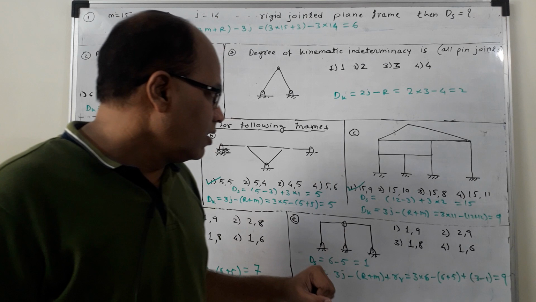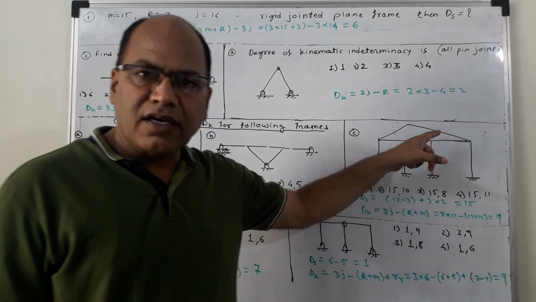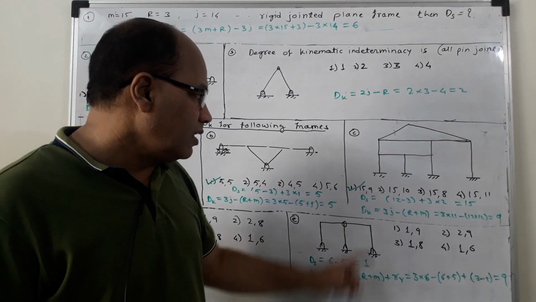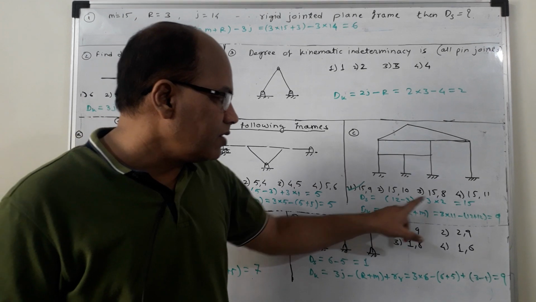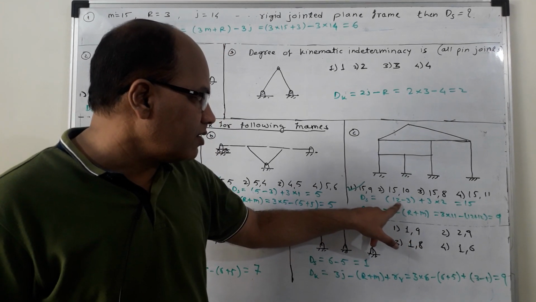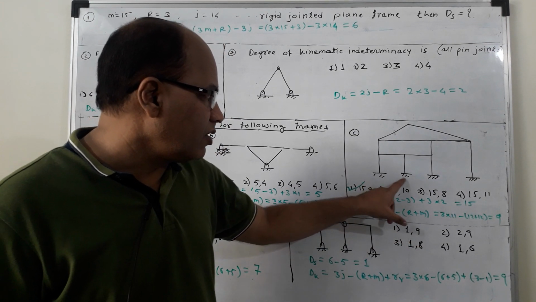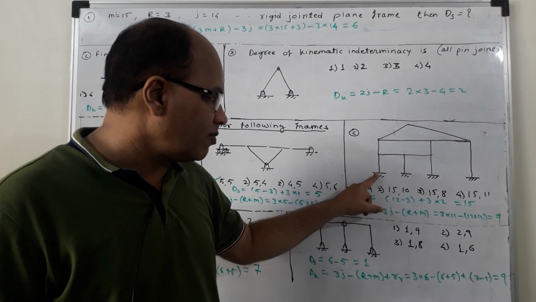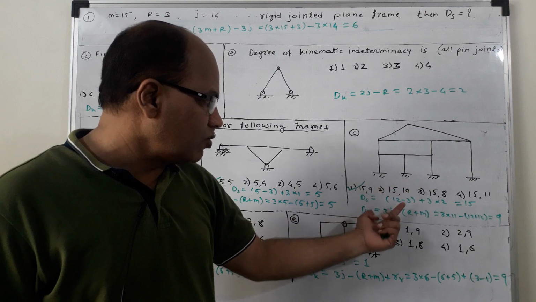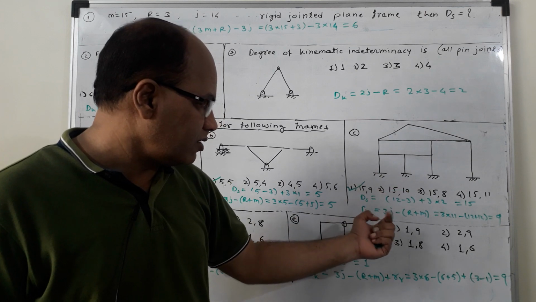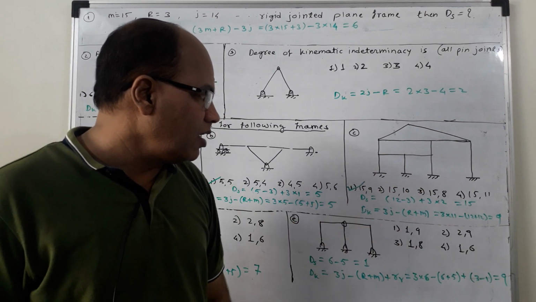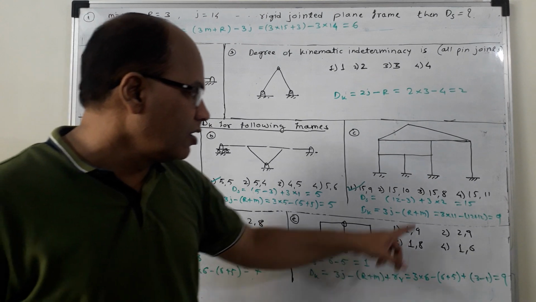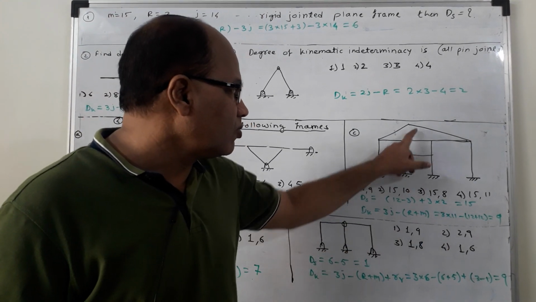C question. Now a frame is shown, again it is a case of a rigid jointed frame. ds is given as dse plus dsi, dse is r minus 3, r is equal to 12 over here because of 4 fixed supports, 3 reactions at each fixed support. So 12 is the total number of reactions, minus 3 is the number of equilibrium equations, plus 3 times c, there are 2 closed loops.